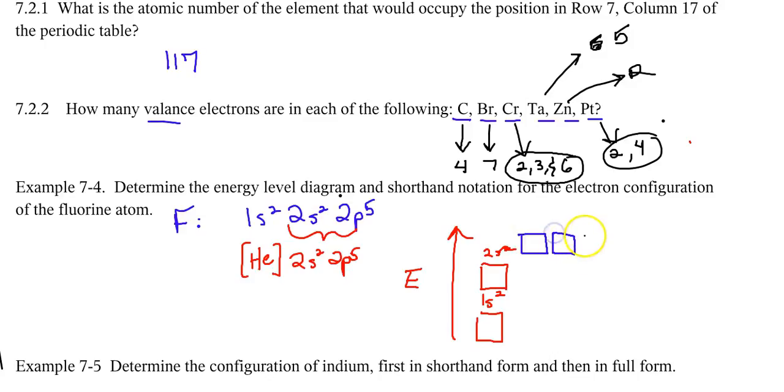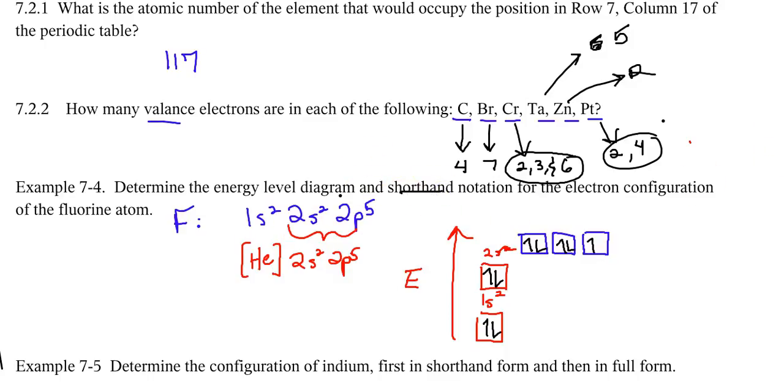Its m sub l number is -1, 0, +1, so there's 3 of them. And if I'm going to do this correctly, the 1s2 would be filled, and I would pair up the spins so they cancel each other. And then, of course, using Hund's rule, I would go in. Fluorine has 5, so we do all of that, and then we have that right there. So there's your energy diagram with orbital, shorthand notation.